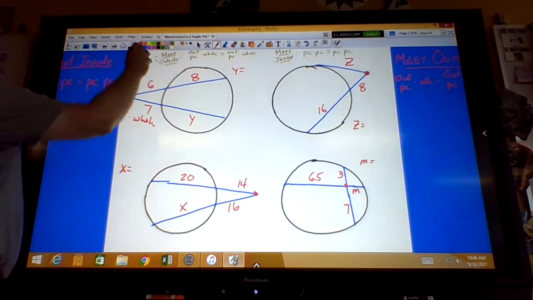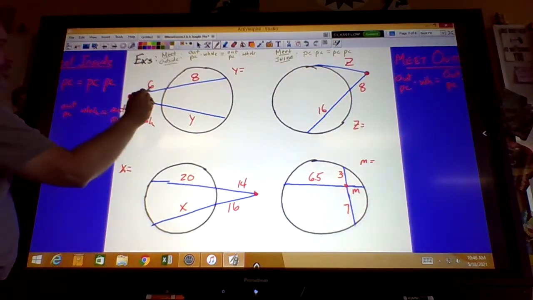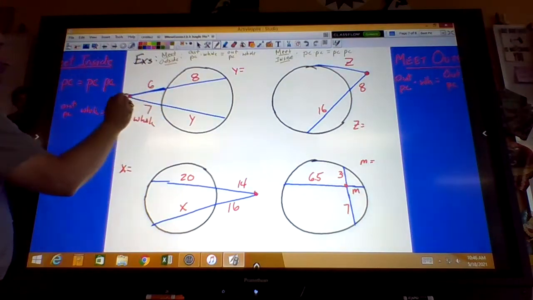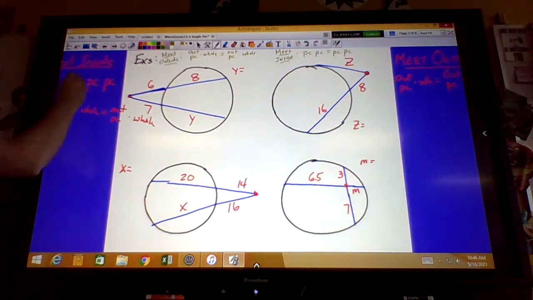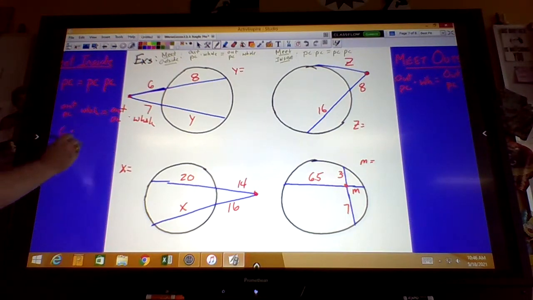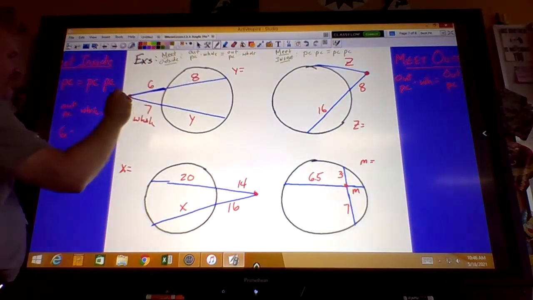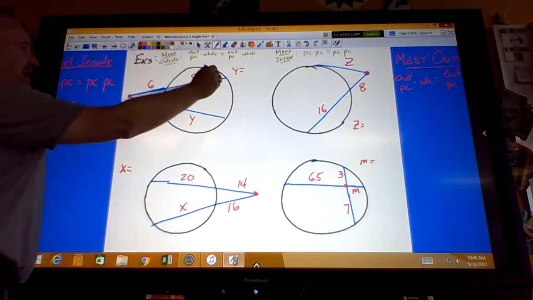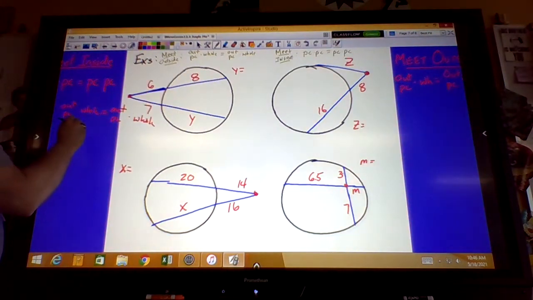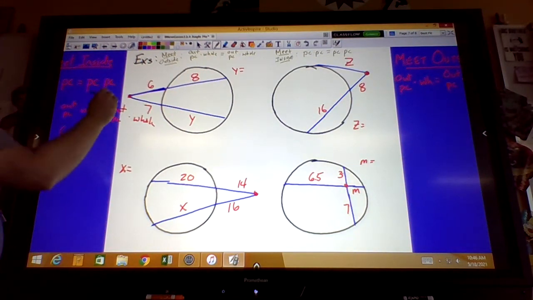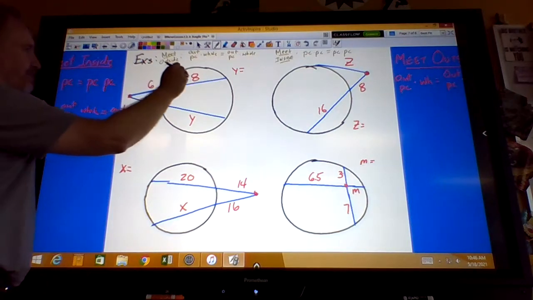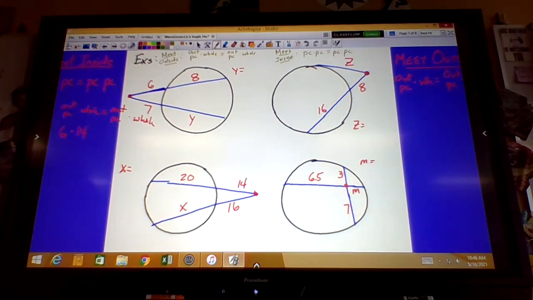Well, I think everybody kind of understands that the outside piece is 6, right? That makes sense that that's the piece on the outside. So I'm going to put a big, juicy red 6 for the outside piece. That whole secant now is 6 plus 8, so that would be 14. And I got that by doing the 6 plus 8 for the whole secant.